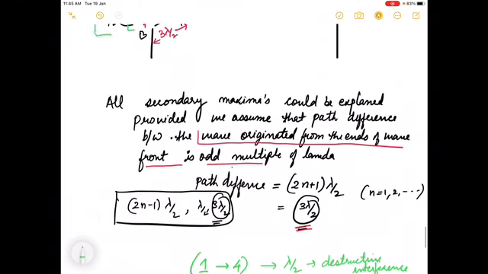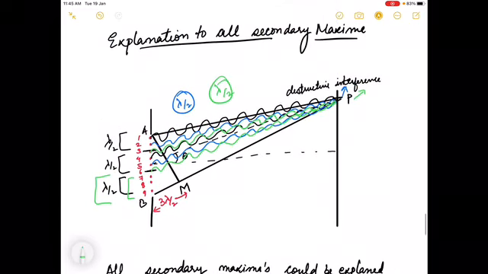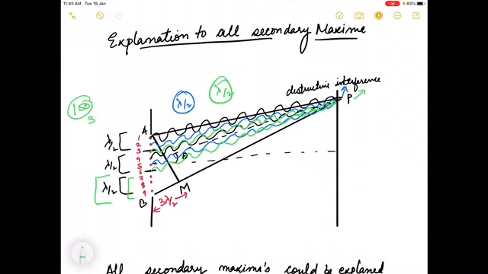I have told in the starting of the lecture that as we move forward, the intensity is getting reduced. Now if you have 100% of your light, only 33% is left, 66% is cancelled out, so 33% will contribute to your bright spot. That's where the intensity will be reduced. I hope you can understand.